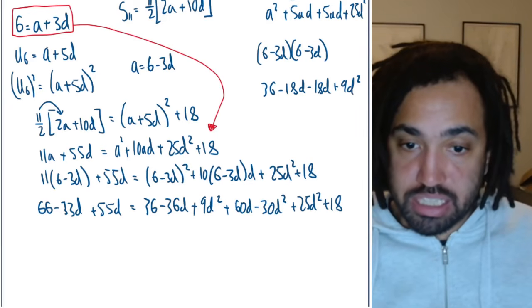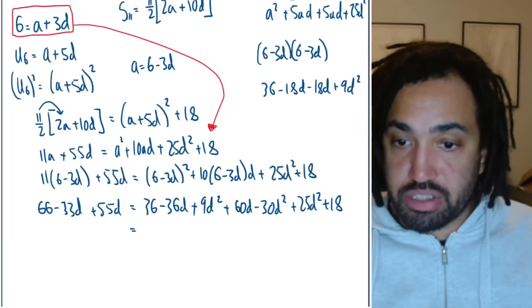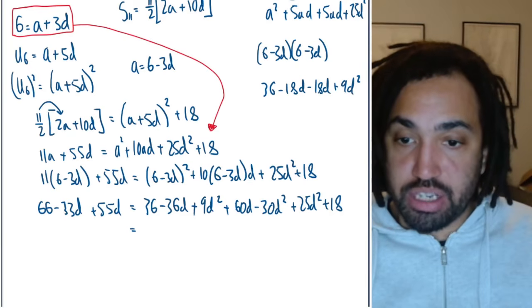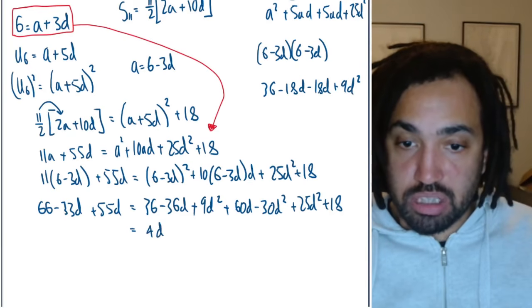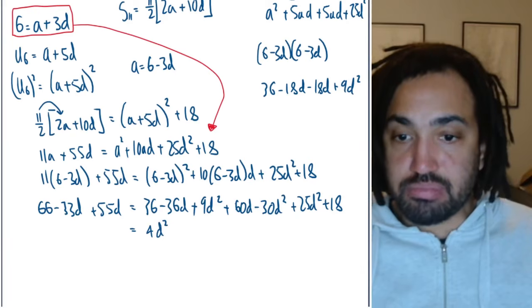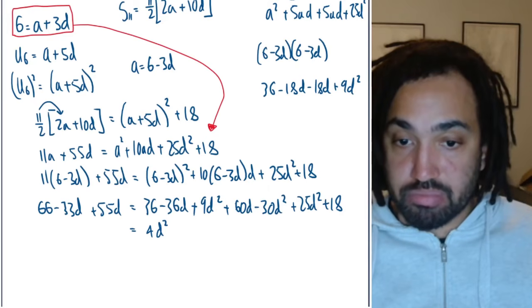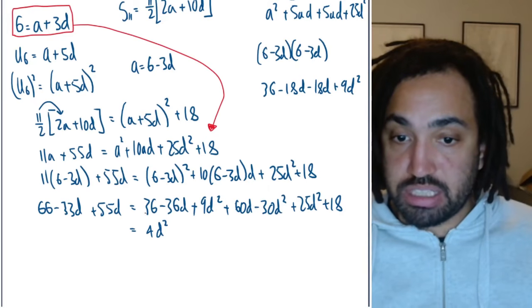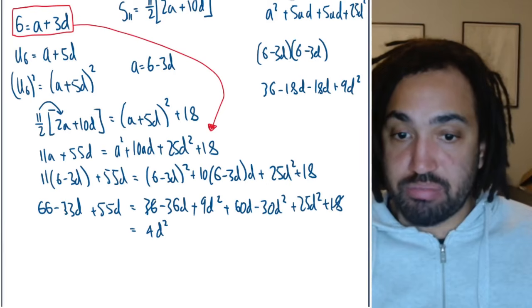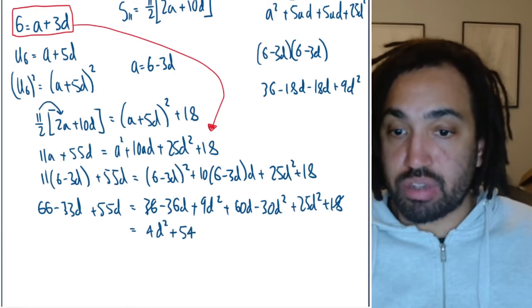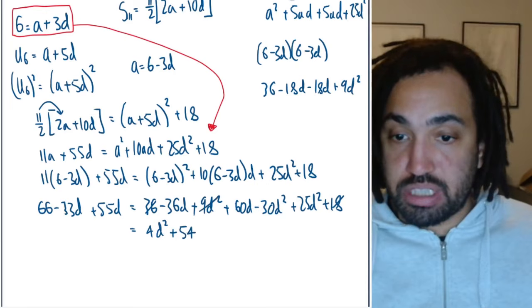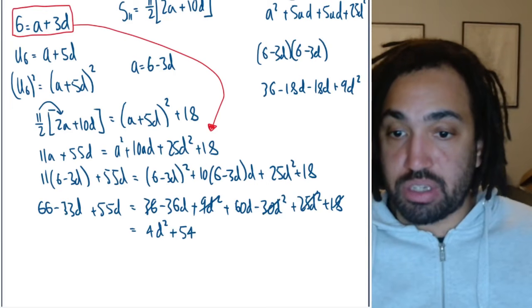Let's do some collecting. So let's look at the d squareds. We've got 25 plus 9 is 34, minus 30 is 4d squared. Okay, let's look at the constant terms on the right. We have 36 and we have 18, so that makes a total of 54. And we've just done the d squared, so I'm just going to cross them out so I know what I've done.